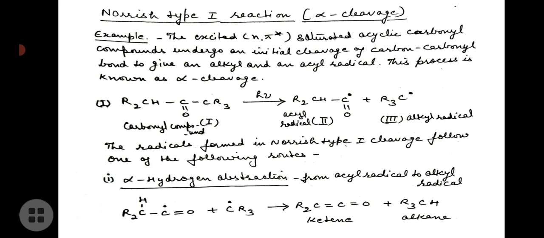The first one is alpha hydrogen abstraction from acyl radical to alkyl radical. Here you can see in the equation the acyl radical plus alkyl radical. Alpha hydrogen abstraction takes place from acyl radical to alkyl radical, which leads to the formation of ketene and alkane.